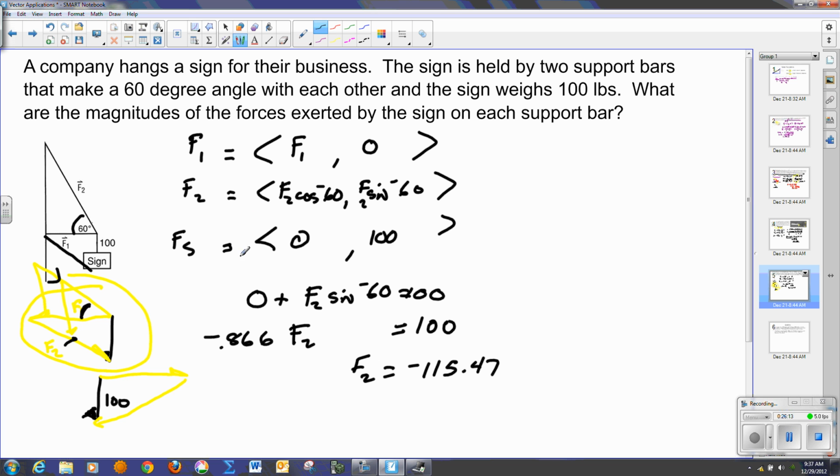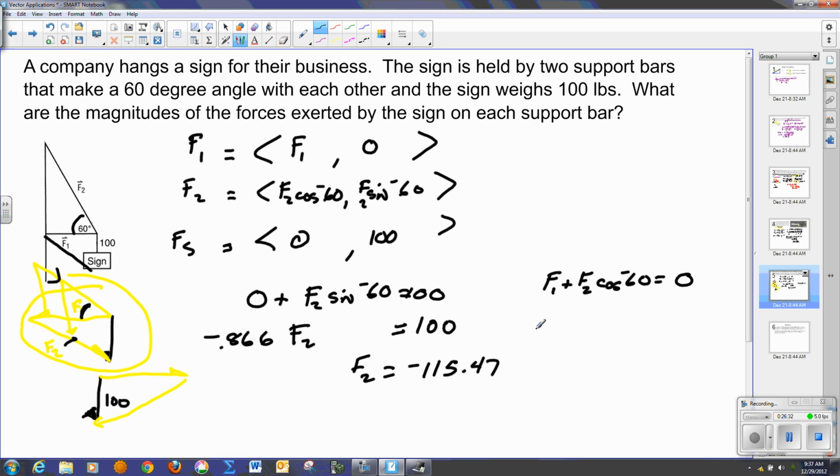If I want force 1, I know I have another equation here that says force 1 plus force 2 times the cosine of negative 60 is equal to 0. But I've just found force 2.